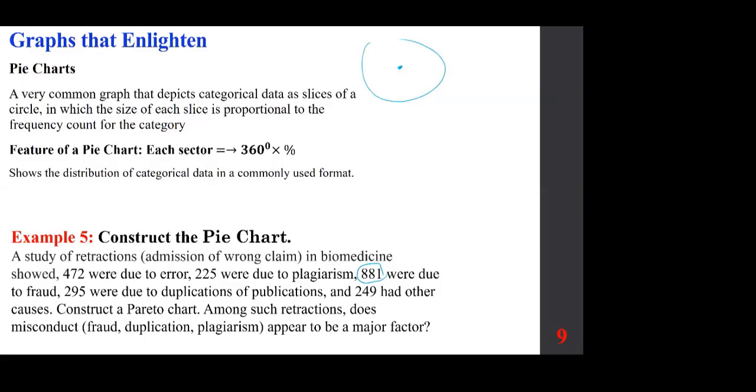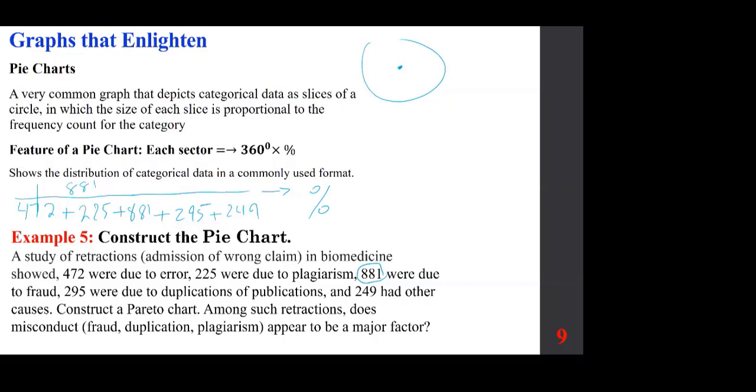Remember, this is 360 degrees when it covers the whole plane. So you have to divide 881 by all of them, 472 plus 225 plus 881 plus 295 plus 249, and change this to a percentage.